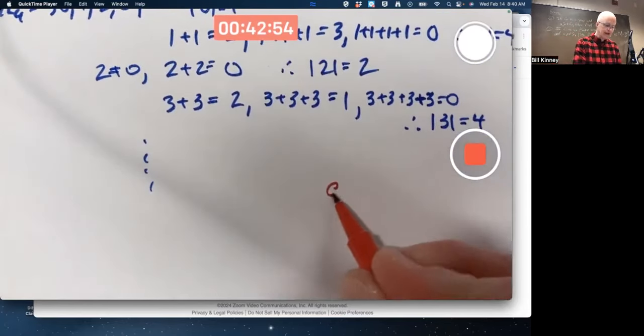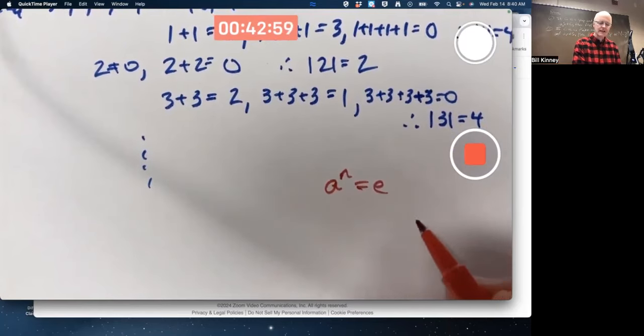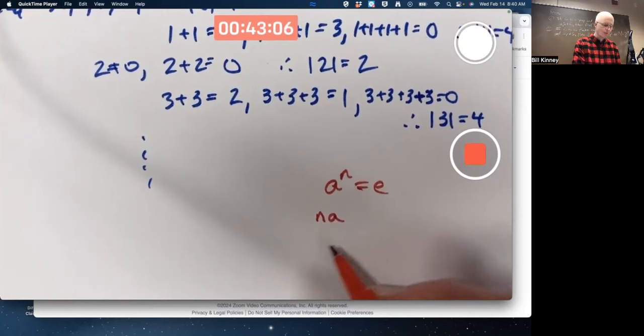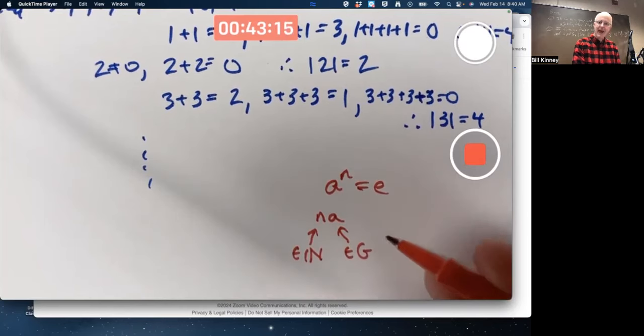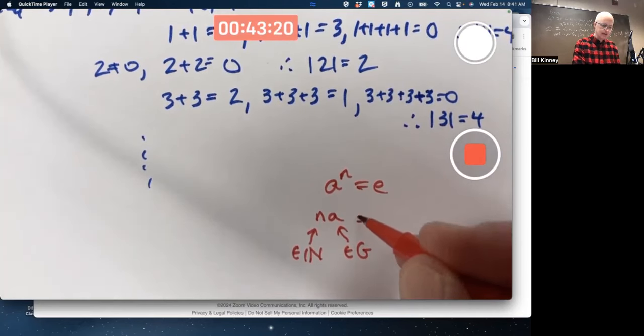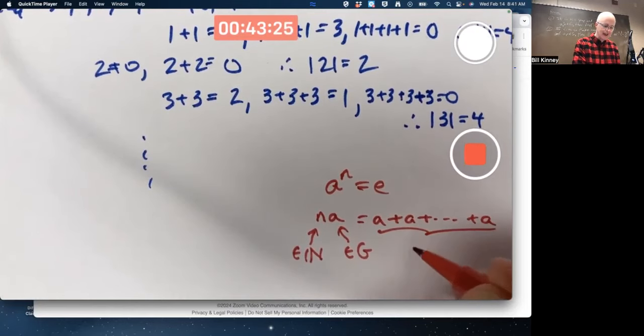Instead of writing a to the n and looking for the smallest positive integer that gives you the identity e, people do use this notation. They write n times a, where n is a positive integer, a natural number, and a is a group element, as being the additive form, so to speak, of raising to a power. And this means a added to itself with n summands. There are n a's there.